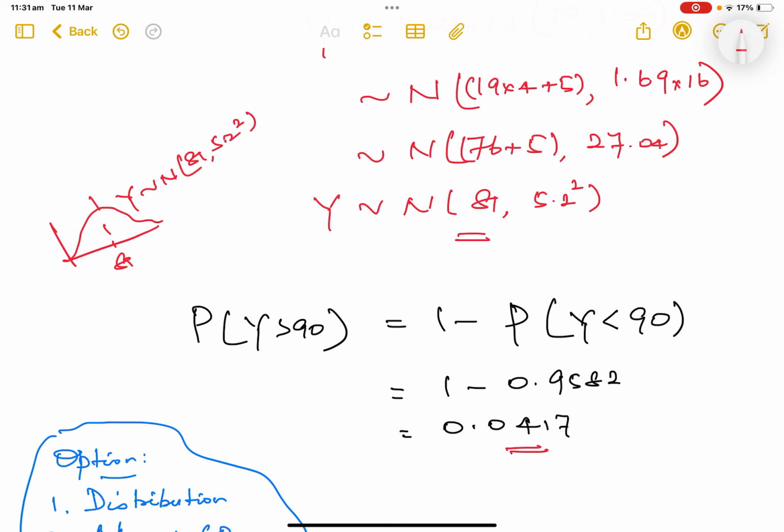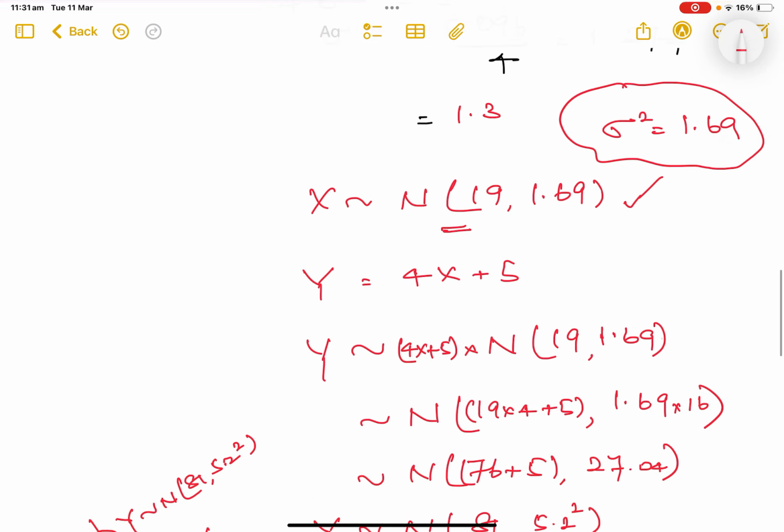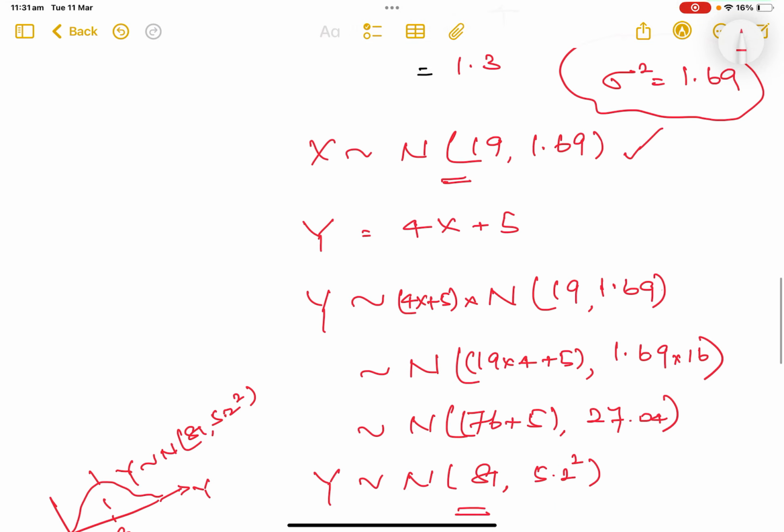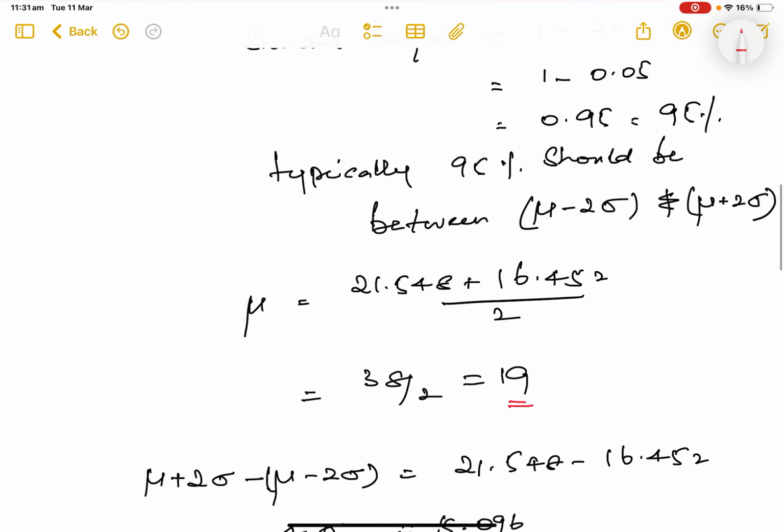I'll put the new mu as little y. So we have found the normal distribution for Y: mean 81 and lambda 5.2. The question asks us first to find the normal distribution of Y.